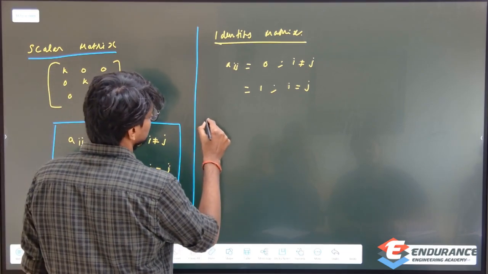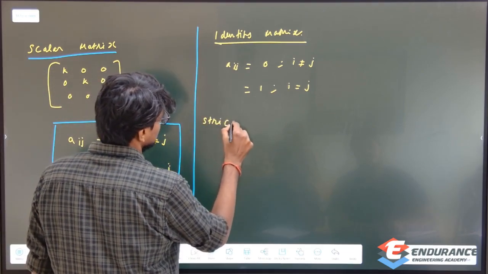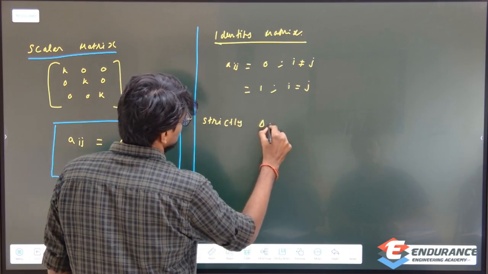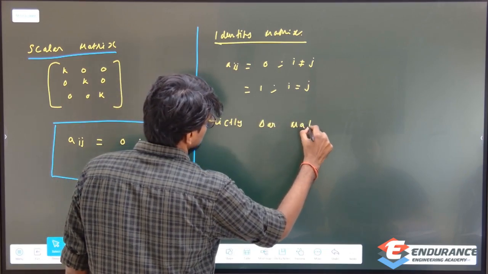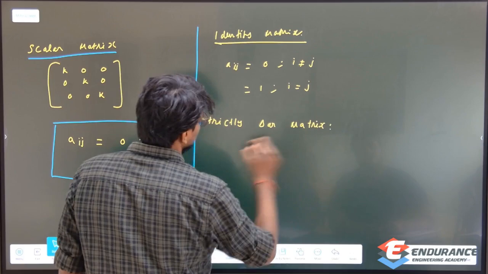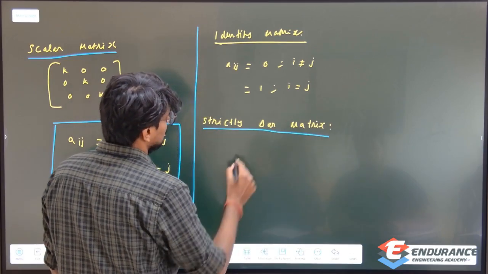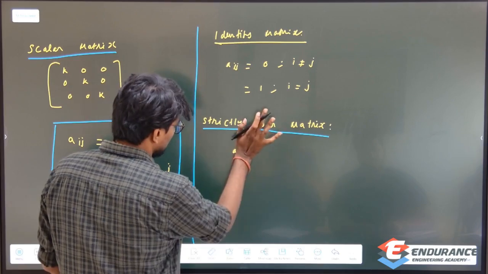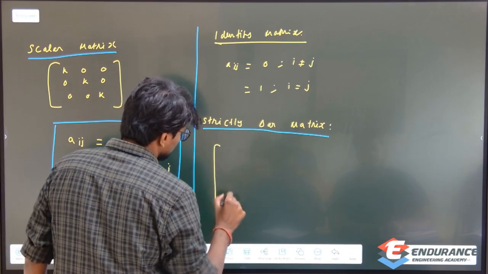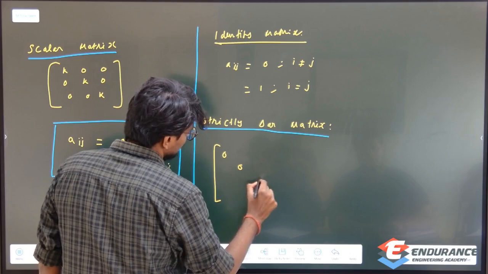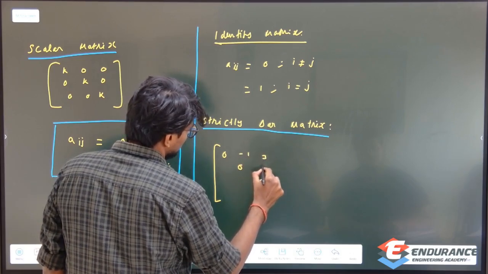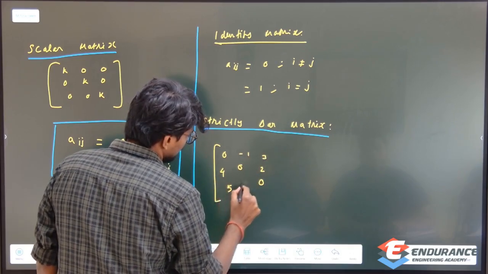Strictly triangular. Let me write down the example: 0 0 0, -1 0 0, 3 2 0, 4 5 7.